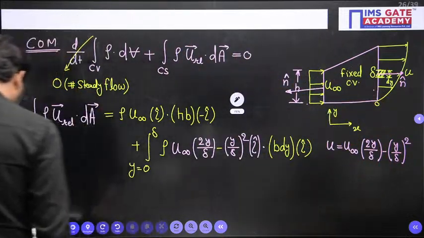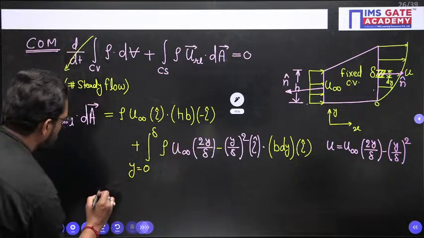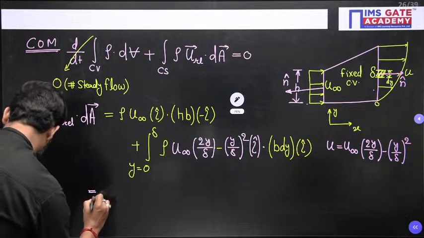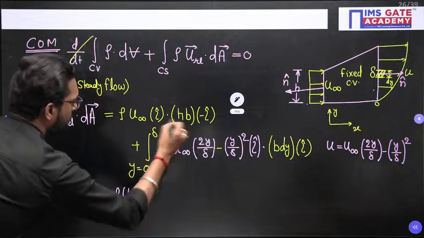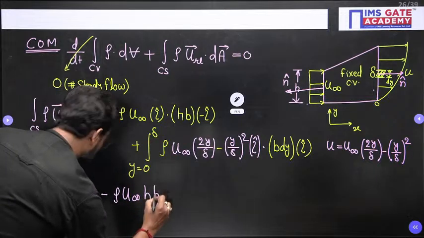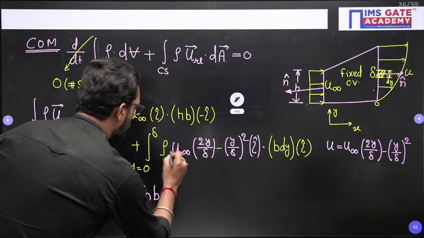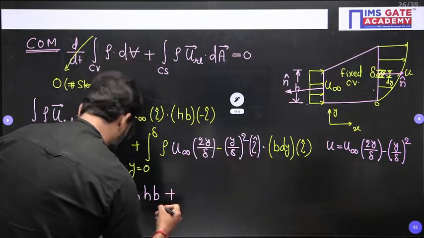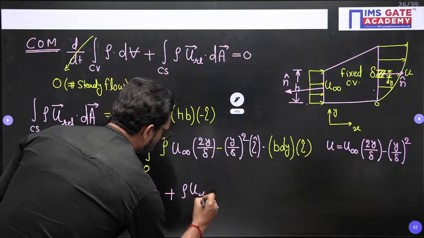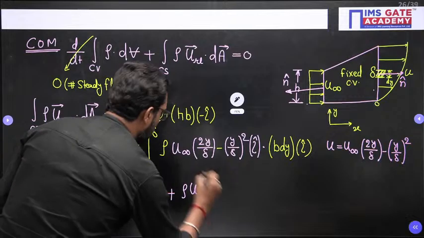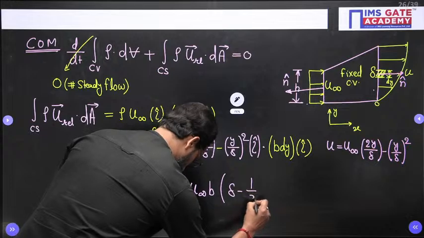Okay. Now if you have rearranged like that, what is that here? Minus rho U infinite h into b, yes or not, plus rho U infinite b, you have to take outside. Integrate this one. So this is your delta minus 1 by 3 delta.